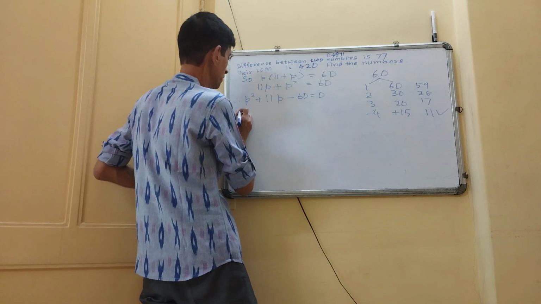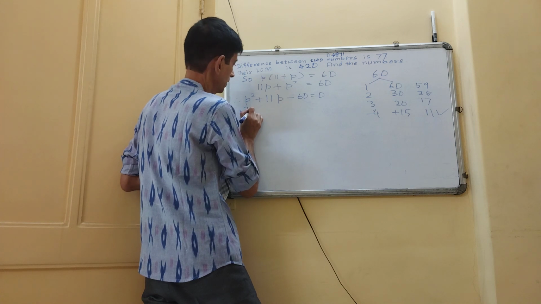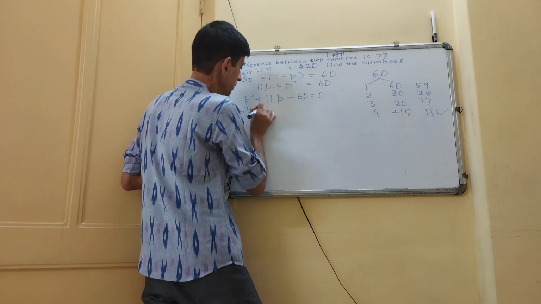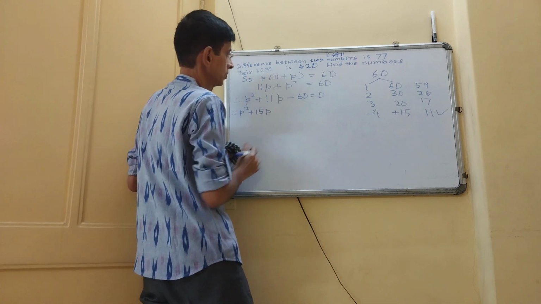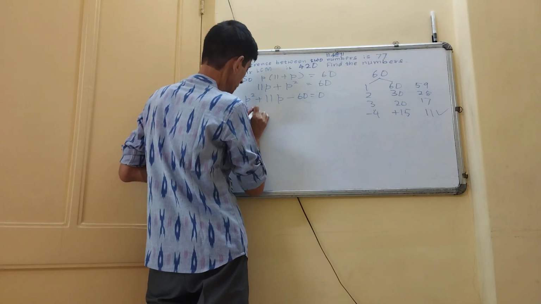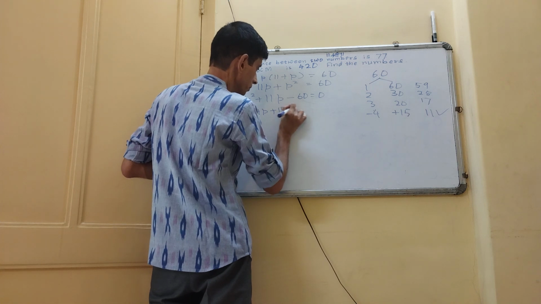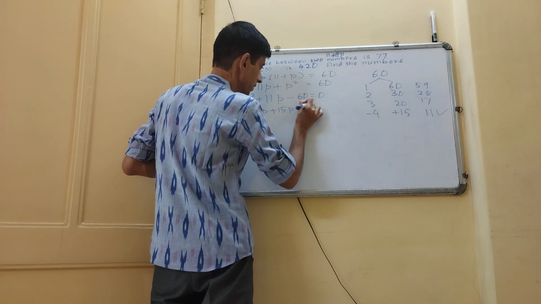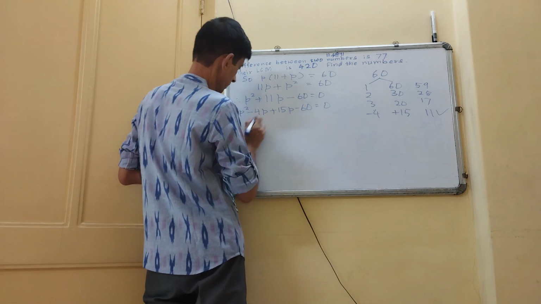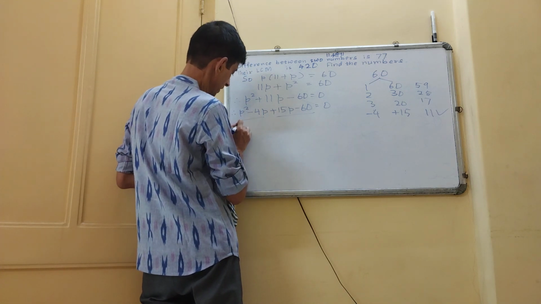So it will reduce to p square plus 15p. Okay, I will take this over here: minus 4p plus 15p minus 60 equals 0. Now grouping two terms, the first two terms and the second two terms.